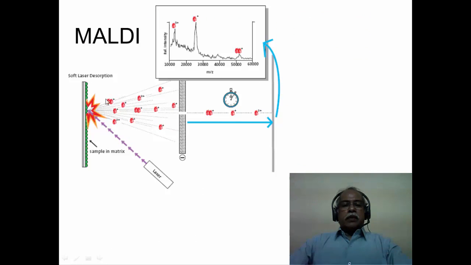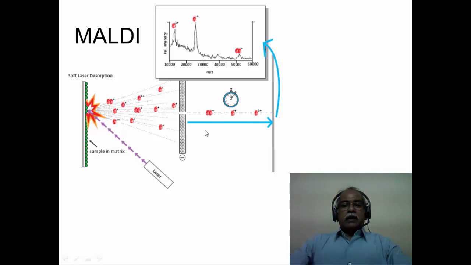Now the basic principle is very simple. The sample is mixed with a matrix and it is kept on a plate, and a laser light is shone on the sample, upon which the sample actually gets desorbed, and the matrix gets desorbed along with the sample. During the process of desorption the ionization takes place, typically by a proton transfer from the matrix to the substrate that is investigated, and differently protonated substrate molecules are flying.